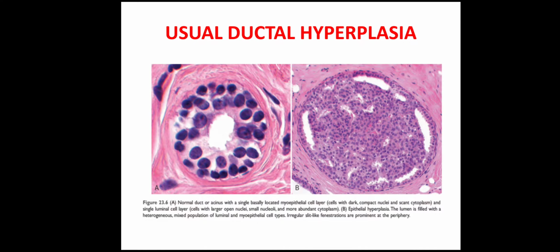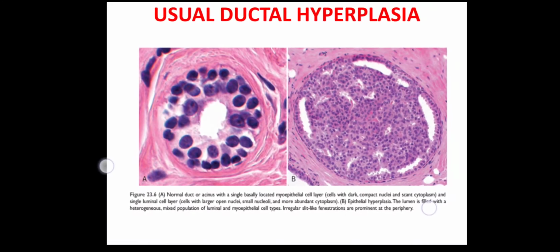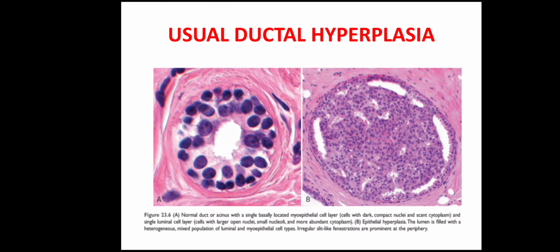Now this is the image in which I'll try to explain UDH. On the left, this is a normal duct. I already told you that it is lined by epithelial and myoepithelial cells. So these are epithelial cells, and these smaller, darkly stained cells are the myoepithelial cells, and this is the lumen of the duct.